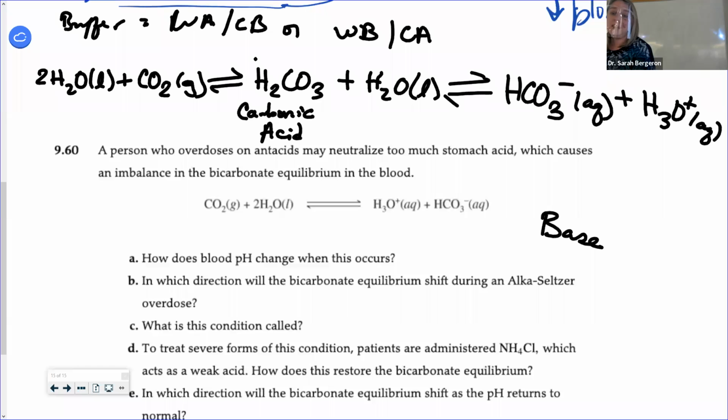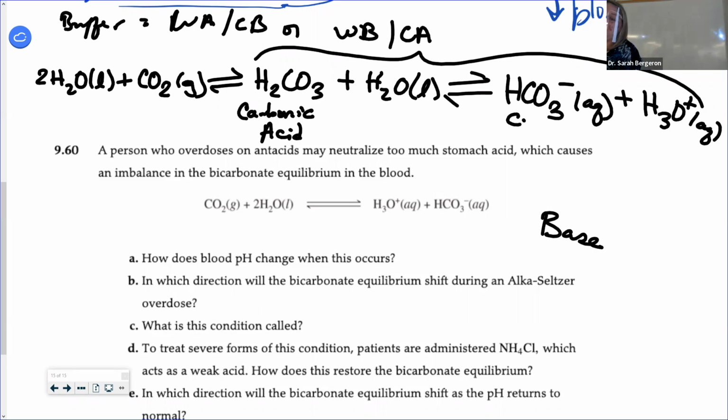Bases react with, not bases, they react with acids. This is a base, it's acting as a base, and this is a conjugate acid. So the base is going to go in and neutralize your blood.